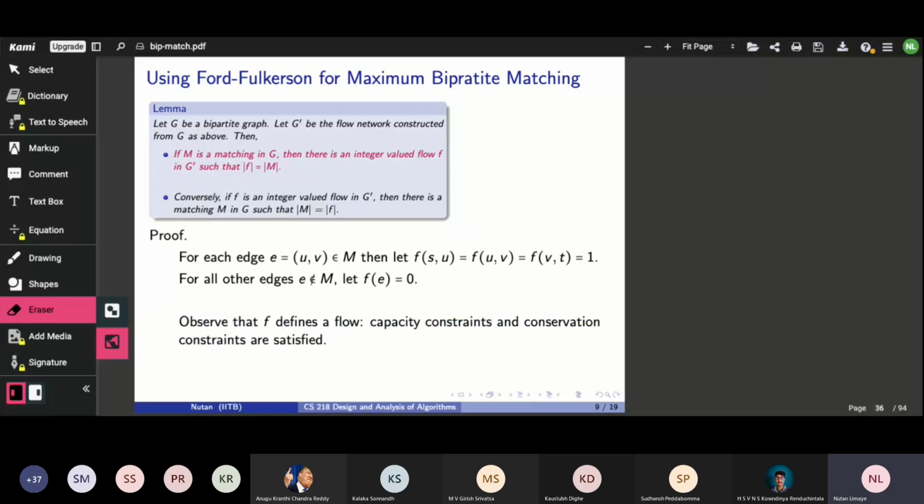So first thing to notice is that f indeed defines a flow. Capacity constraints are satisfied because all the flow values are at most 1. And conservation constraints are satisfied because every vertex U that belongs to the matching has a flow of value 1 entering it, and a flow of value 1 leaving it.